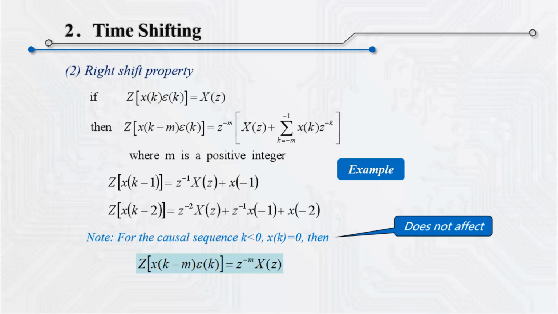After it is shifted, since no new quantity is added, it is just based on the original x of z. Just considering the impact factor of its displacement will be enough. It is not affected by the initial value. In other words, it is not affected by the amount of the new shift in.